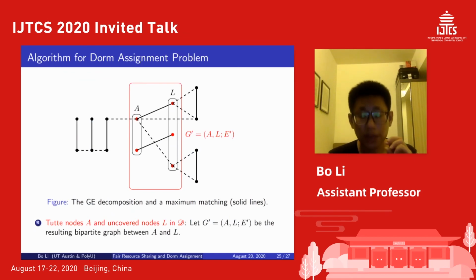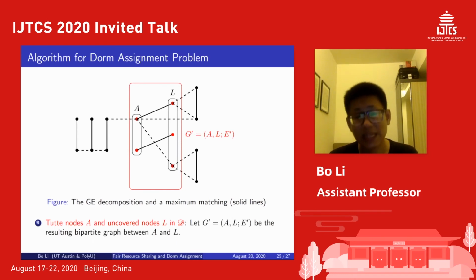Instead, we repeatedly find a subset of agents in A and properly match them to some nodes in L, and properly assign this subset of pairs of agents to some DOMs, so that after this assignment, all the remaining agents in A could still be perfectly matched to the remaining nodes in L. And for all the remaining nodes in L, either they can be accommodated with friends, or they can be assigned to some DOMs that are better than all their friends.